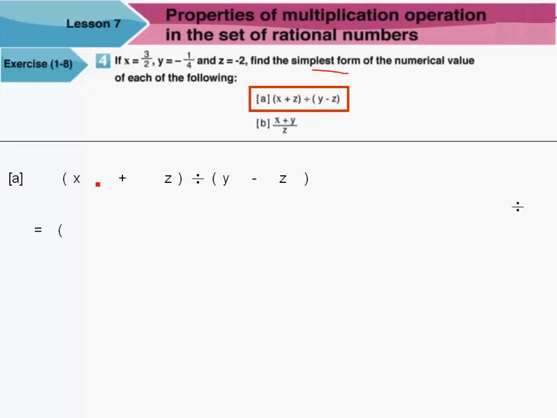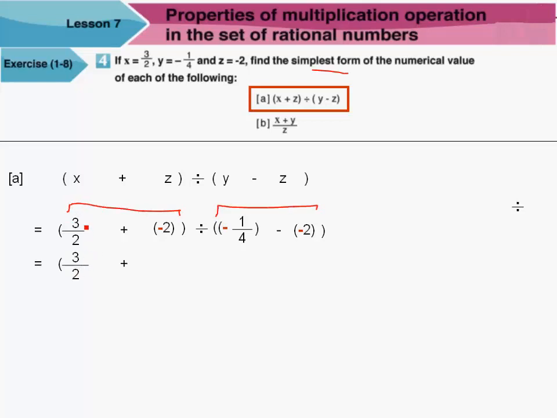So this equals x is 3 over 2 plus z is minus 2, divided by y is minus 1 quarter minus z is minus 2. So we have to get this addition and that one.